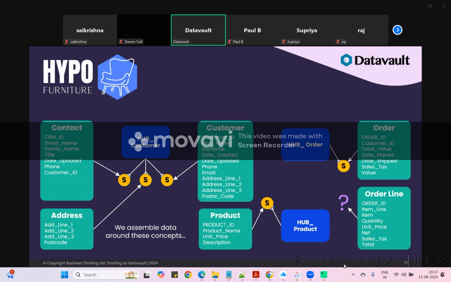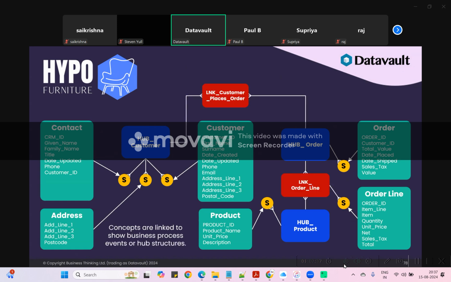Particularly if a table describes two different concepts, you would move the attributes for one concept in one area and attributes describing another concept to another area. So there we are. We have data mapped into the hubs, descriptive information, and one or more satellites per concept.